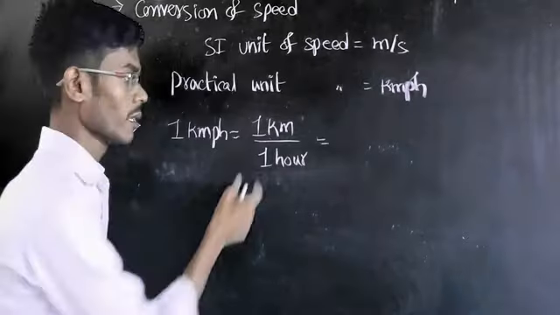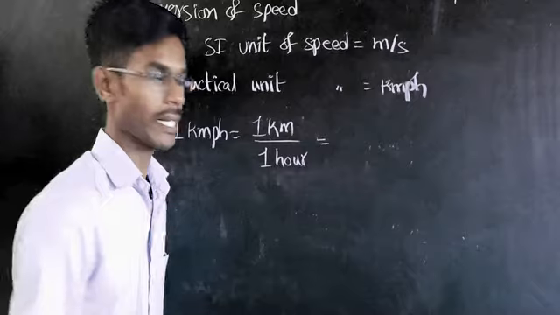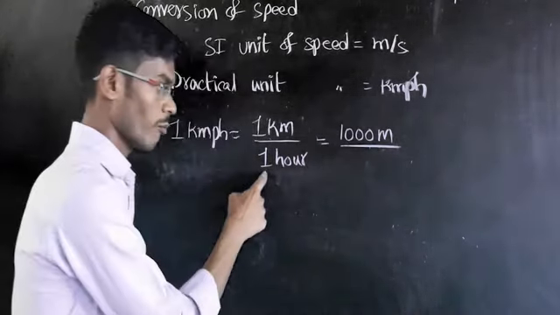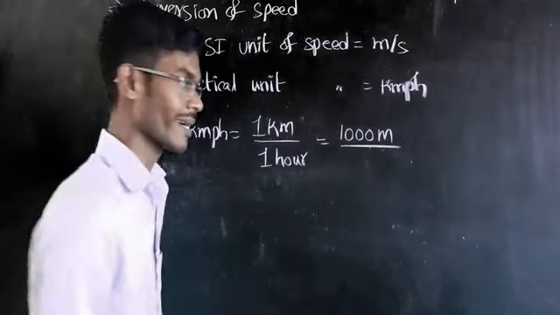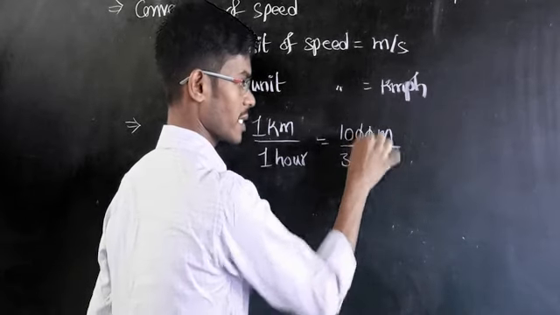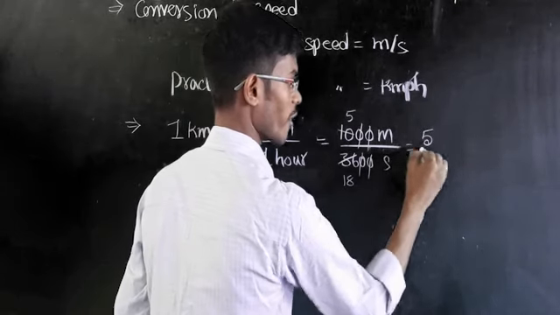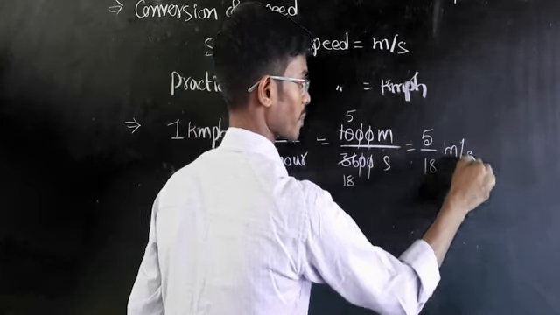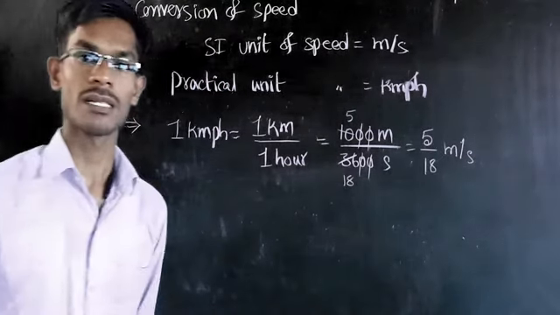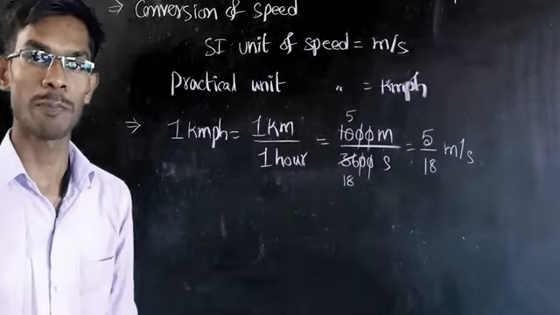So first convert into SI units. 1 kilometer means 1000 meters, divided by 1 hour, which means 3600 seconds. The zeros get cancelled, 2 5s are 10, 2 18s are 36, so that is equal to 5 by 18 meter per second. This is already in meter per second, so directly 5 by 18 meter per second. So 1 kilometer per hour is equal to 5 by 18 meter per second.